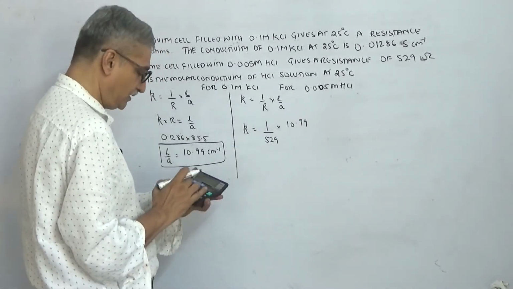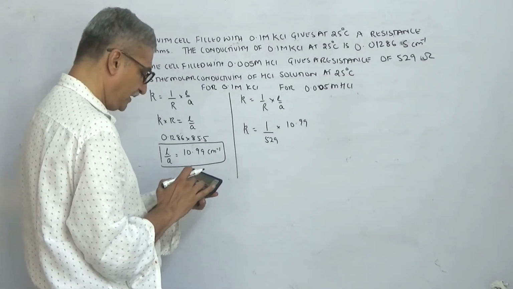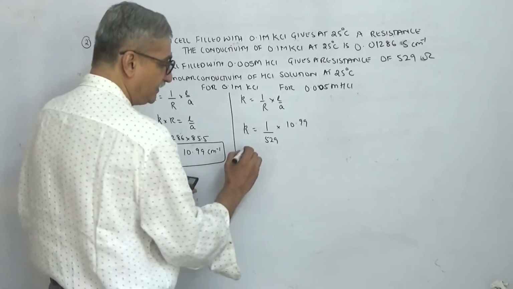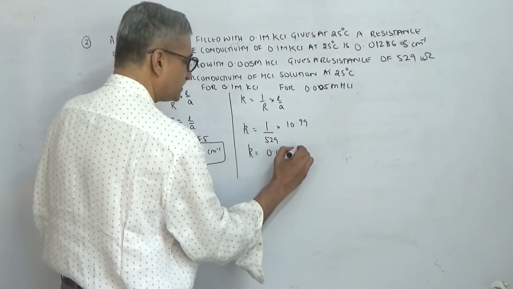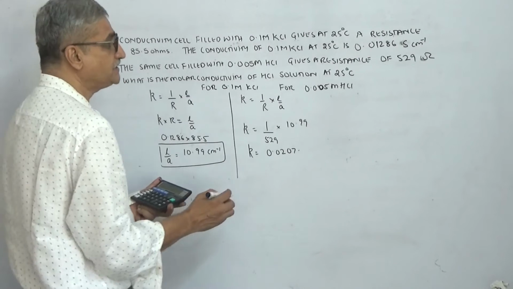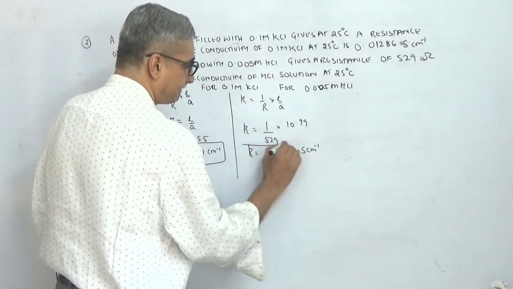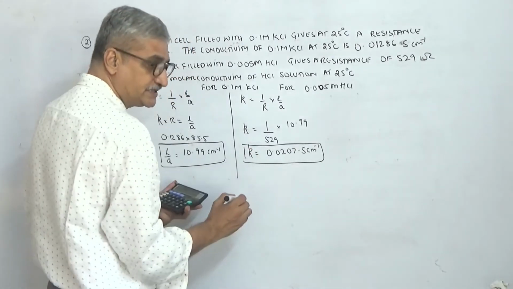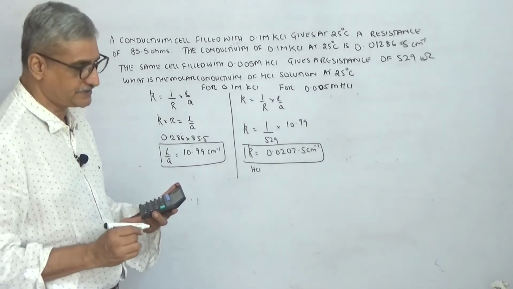So K will be equal to 10.99 divided by 529, which is 0.0207 Siemens per centimeter. The second part of the story: this is K, the conductivity for HCl. Is this clear?